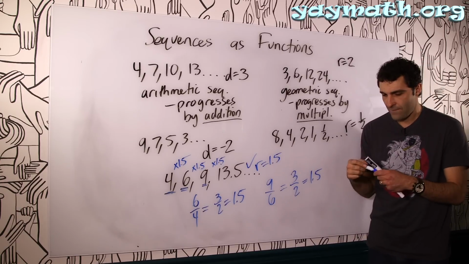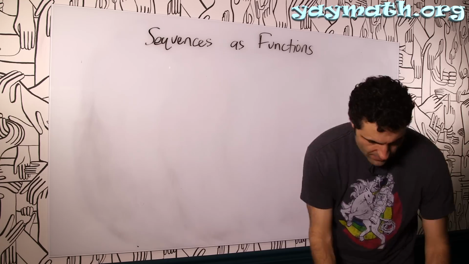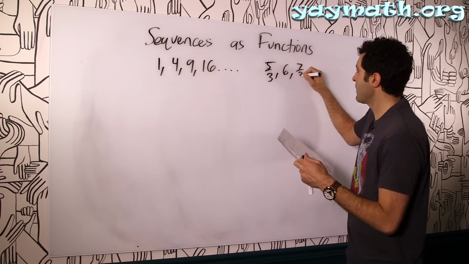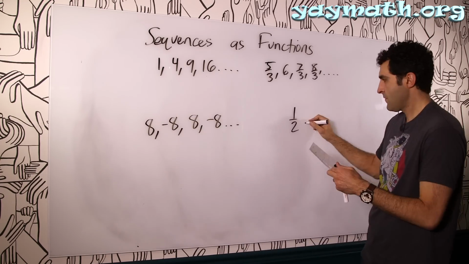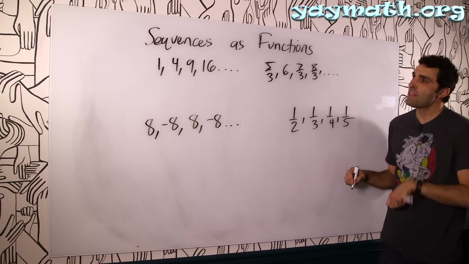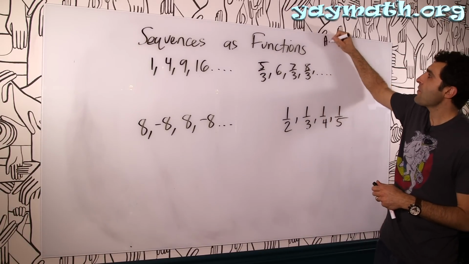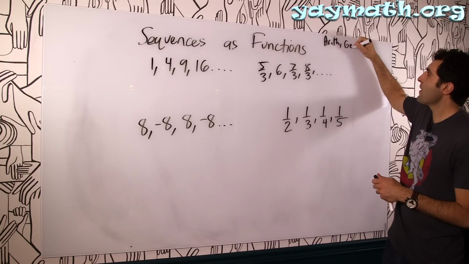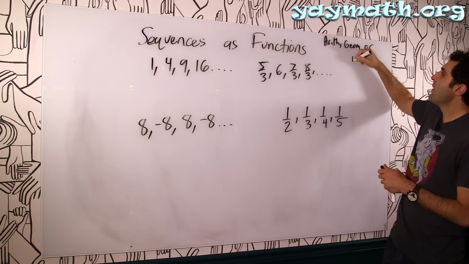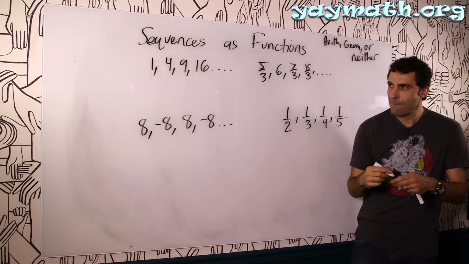All right, let's try another. Let's examine these 4 sequences. The goal is, are these arithmetic, geometric, or neither? Let's find out.